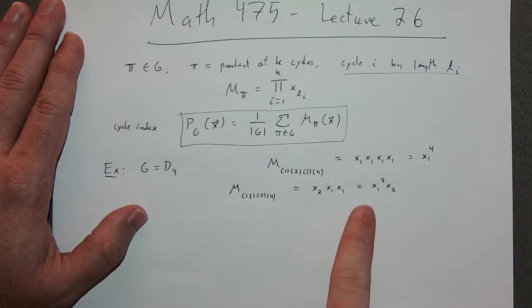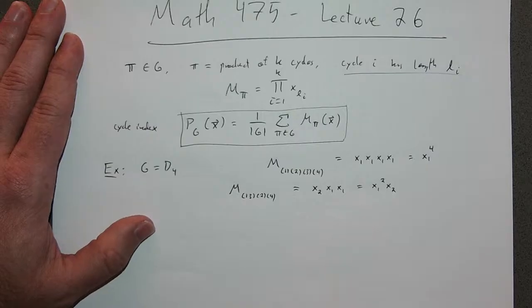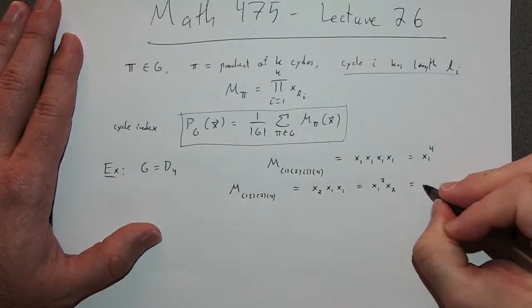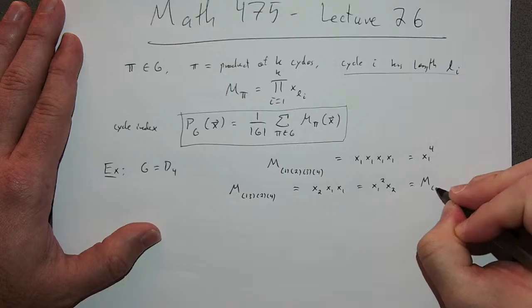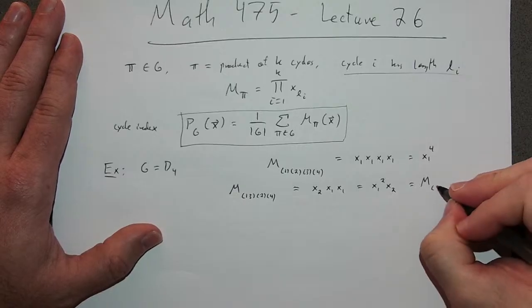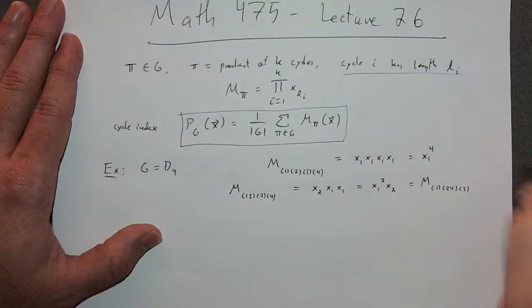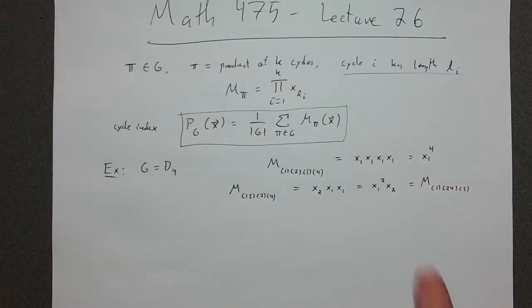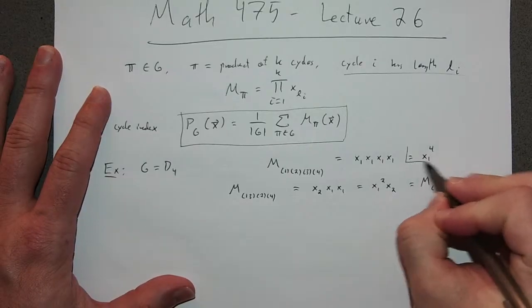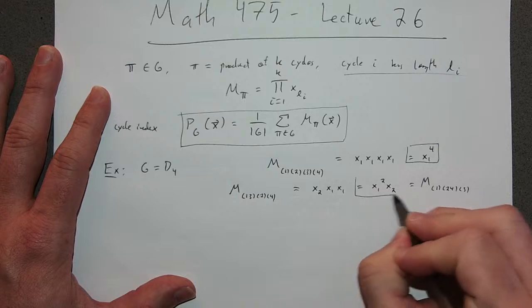But notice that this would also be the monomial I get if I had this as my permutation as well. So what if I had this thing as my permutation, which is a permutation in the dihedral group on 4 vertices? It would also be this. So let's start boxing these that we're finding.